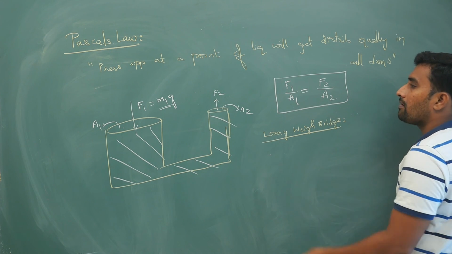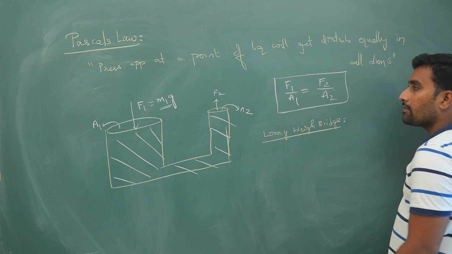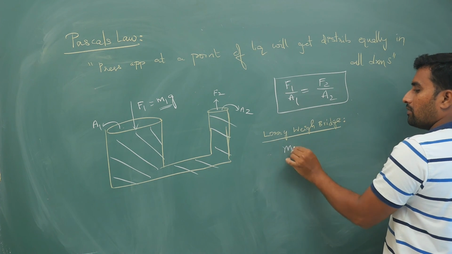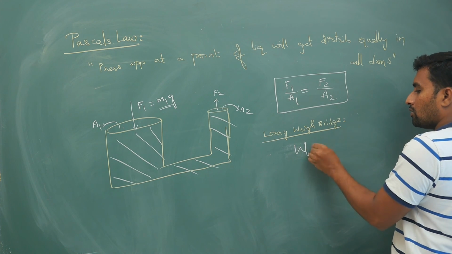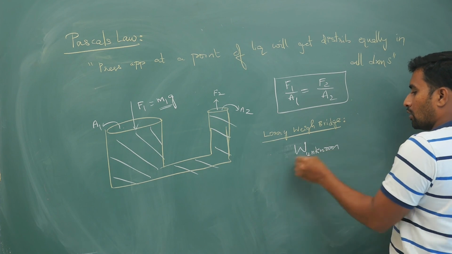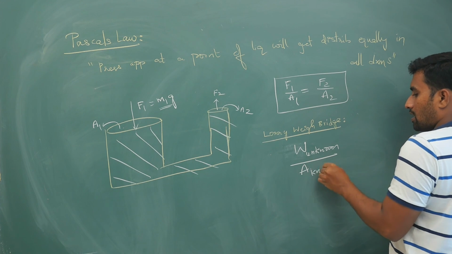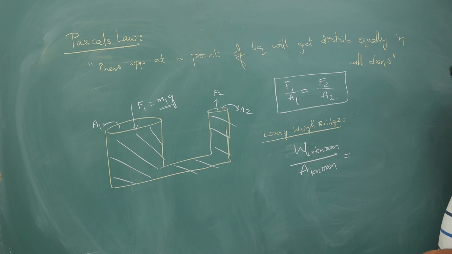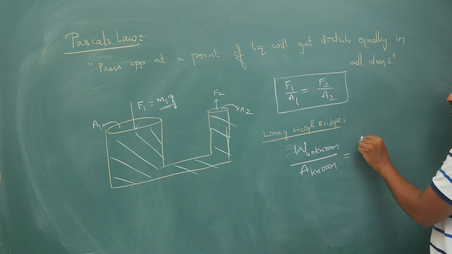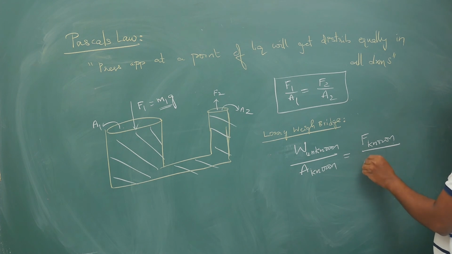To check that, F1 is m1 into g, the unknown weight, by the known area. A known force on the other side is F known by the known area A2. Like this you can calculate.